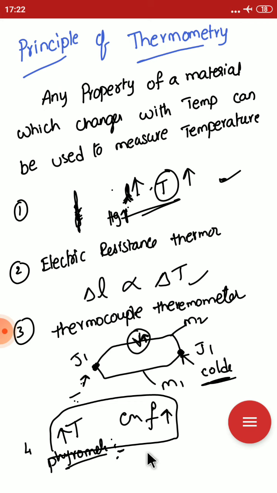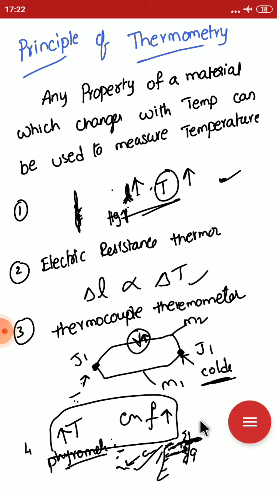It refers to a color scale, the color is matched and decoded into a number, and it gives the temperature.